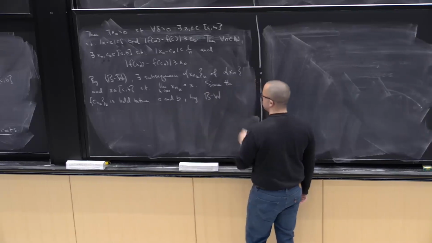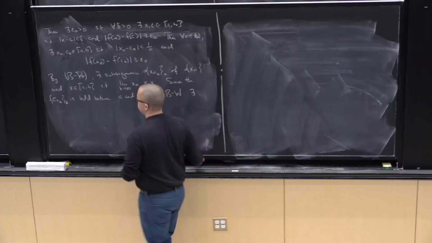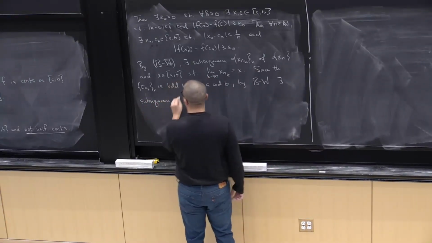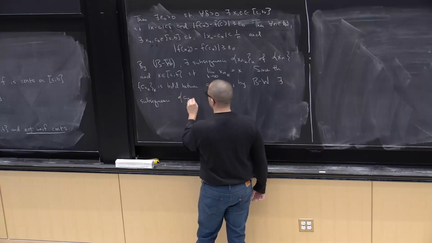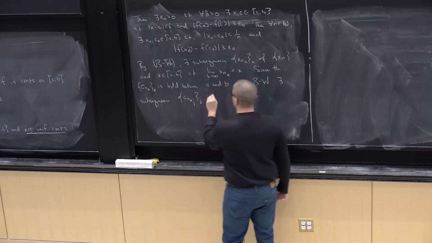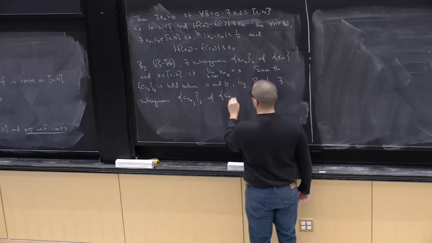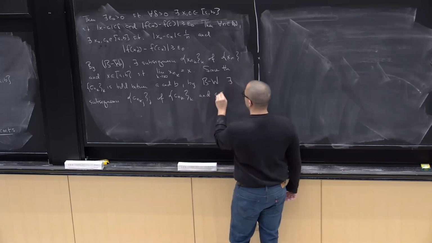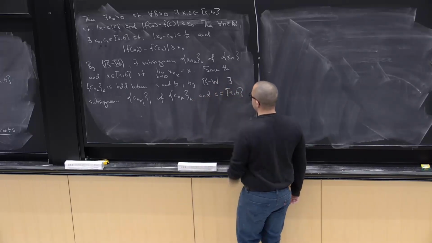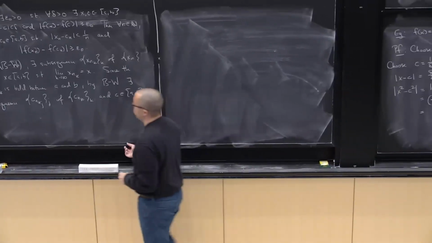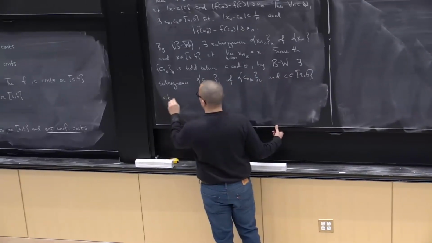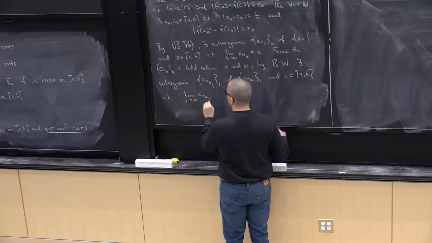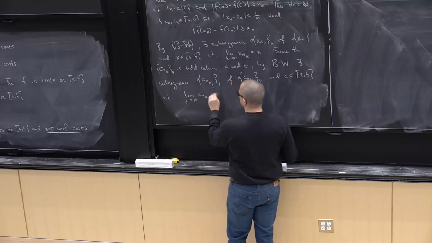Bolzano-Weierstrass applied now to this subsequence, there exists a subsequence c_{n_{k_j}} of c_{n_k}, and an element c in [a,b] such that the limit as j goes to infinity of c_{n_{k_j}} equals c.